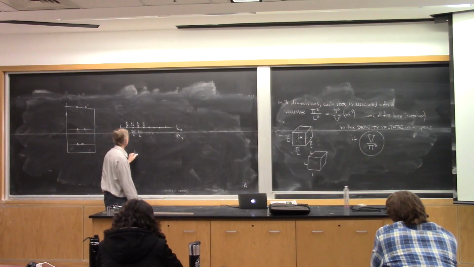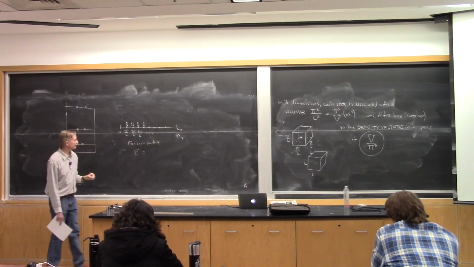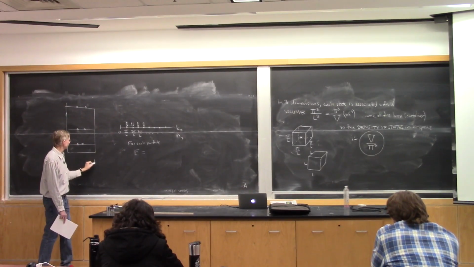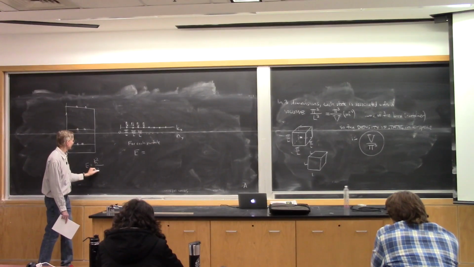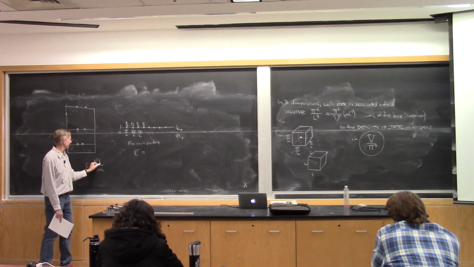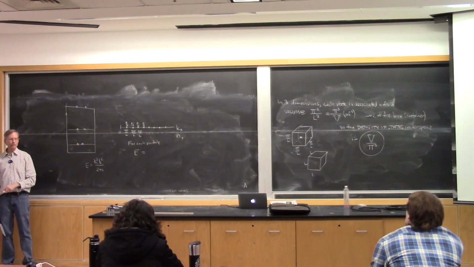But for each particle, the energy E is equal to what in terms of K? In other words, E was equal to h bar squared something over 2m. What's the something? Yeah, just K squared. In one dimension, E is h bar squared K squared over 2m.